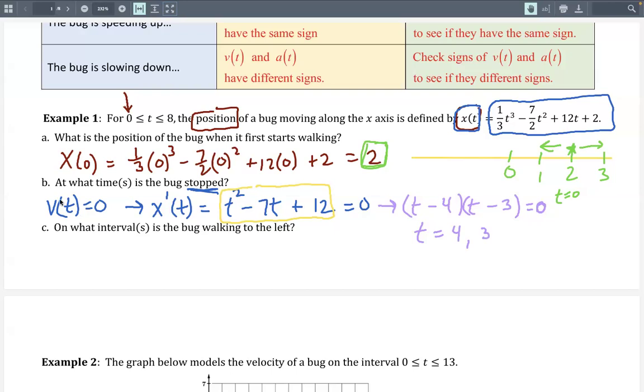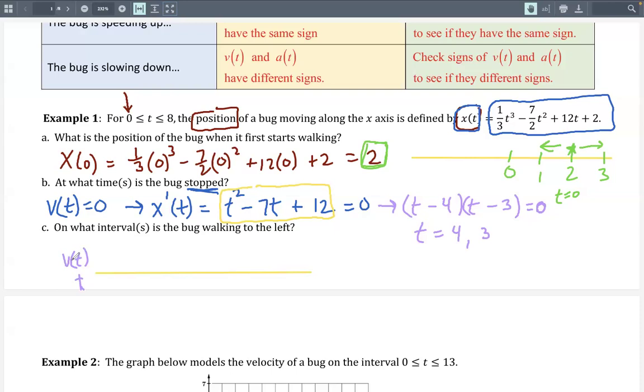What this is going to instruct me to do next is draw a number line like such. On the number line, we're going to think about time going in and velocity coming out. So time goes in and v of t, velocity, goes out.